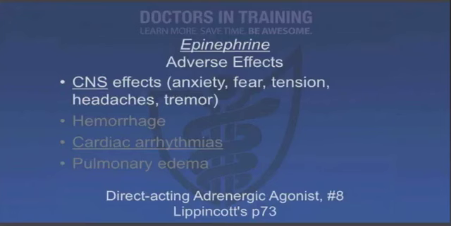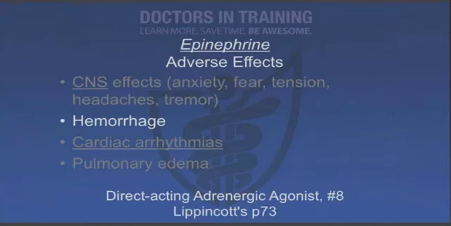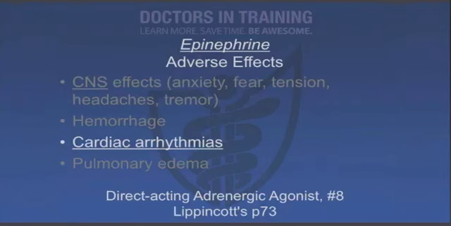And it's going to cause some CNS disturbances, like anxiety, fear, tension, headaches, tremor. It's also going to cause some systemic adverse effects. It can cause hemorrhage, which can be a result of the increased blood pressure. It can cause cardiac arrhythmias. Remember, it causes tachycardia on those beta-1 receptors, and it can also cause pulmonary edema.